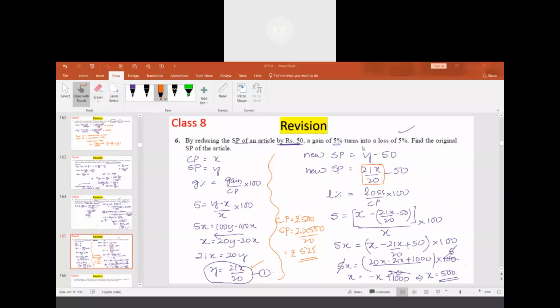Is it understood? This part is understood. The selling price of an article is reduced by 50. So I have taken here y minus 50. This is understood?